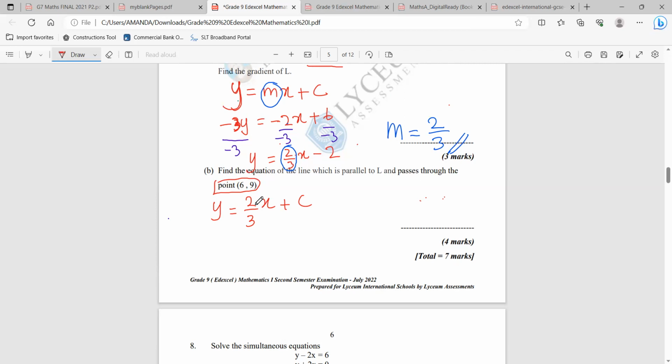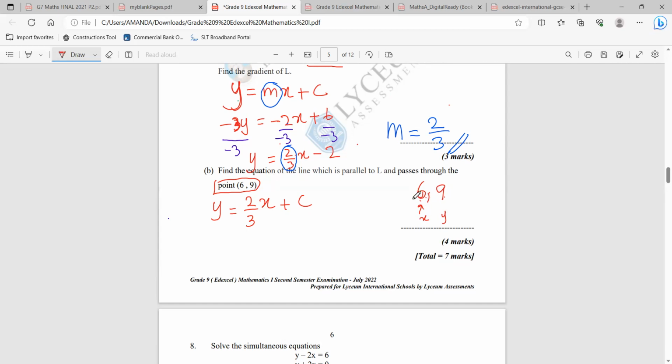So if you say 6, 9, this is the x coordinate, here is the y coordinate. So when x becomes 6, y becomes 9 on that line.